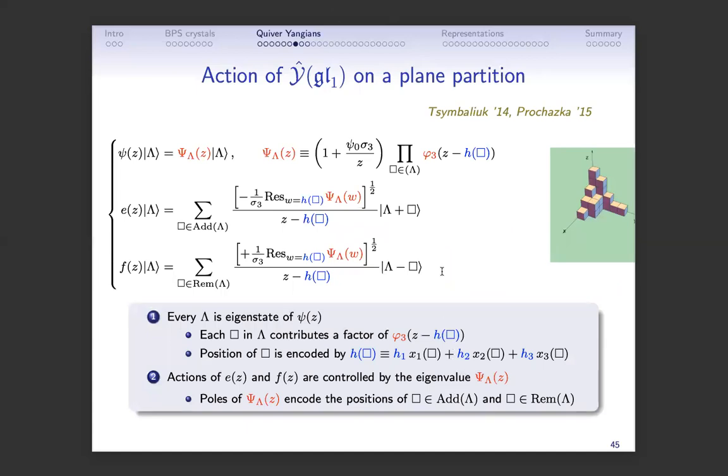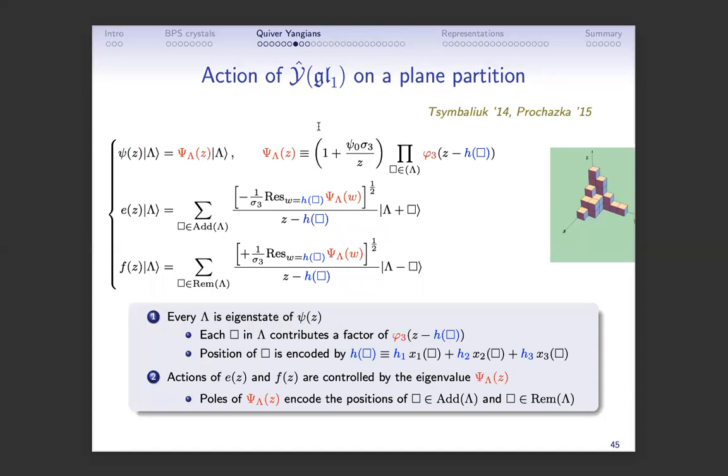So this is the action of the GL1 on the plane partition. Here are the main ingredients. For each plane partition, it's an eigenstate of this family of Cartan. The whole point is that once you're given this plane partition, the eigenvalue of this psi is very easy to write down.